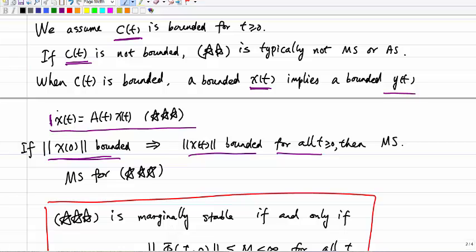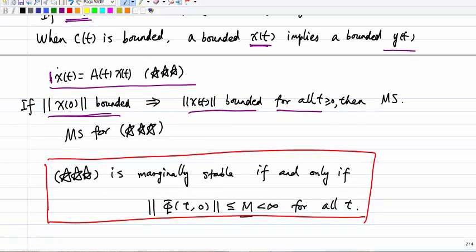This is the definition, and the condition is that star star star is marginally stable if and only if the norm of phi t0 is less than or equal to m for all t, where phi is my transition matrix. Which means if the norm of the transition matrix is always bounded for any time t, this is marginally stable.